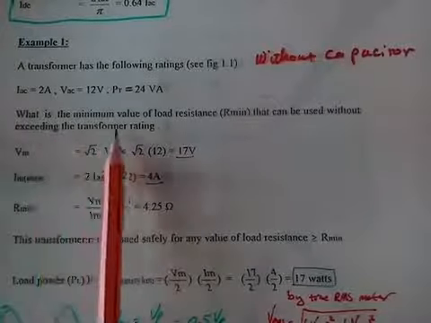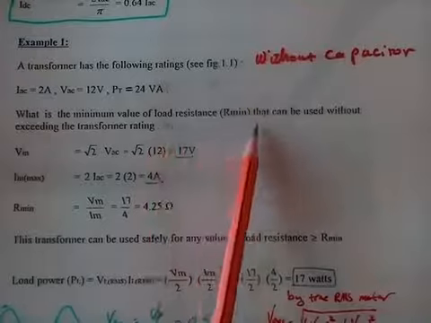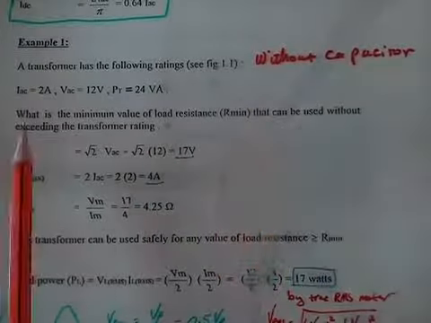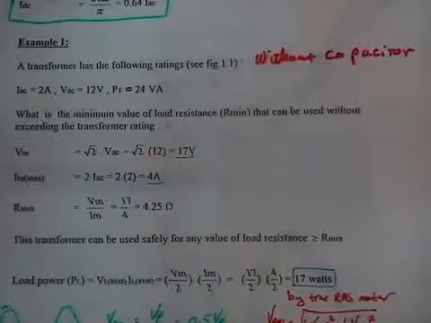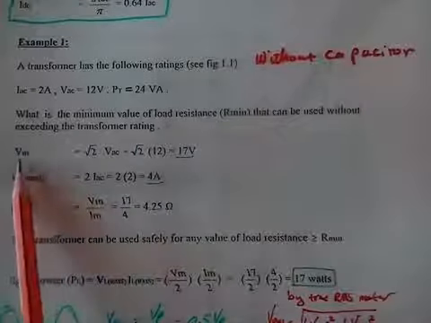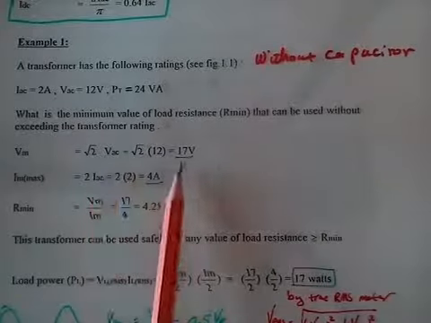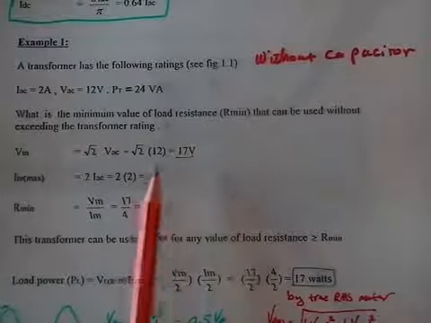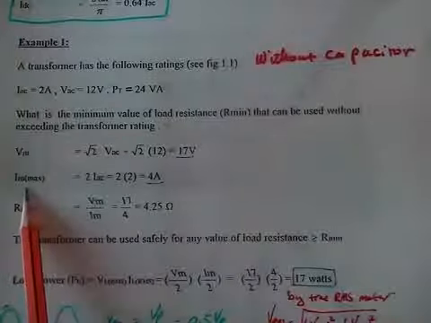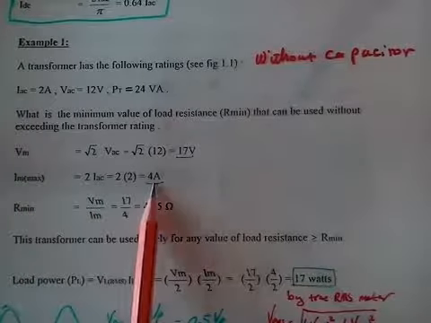Now, what is the minimum value of load resistance, Rmin, that can be used without exceeding the transformer rating? Vm would be equal to the square root of 2 times VAC, that will give us 17 volts. Im max would give us 4 amps.